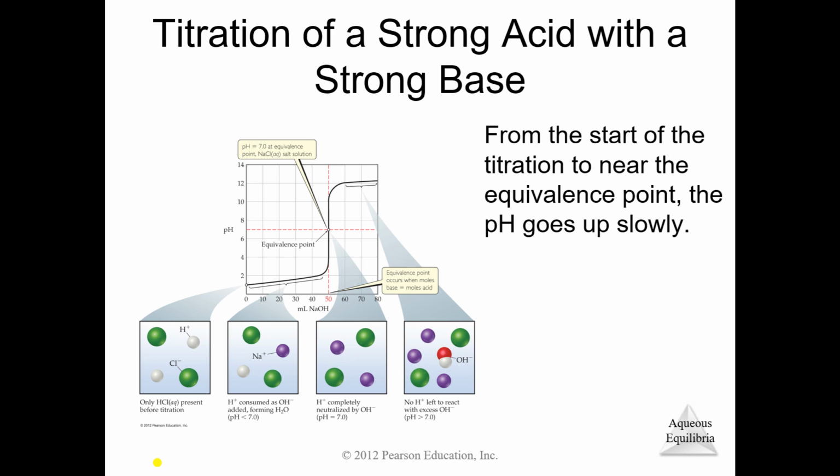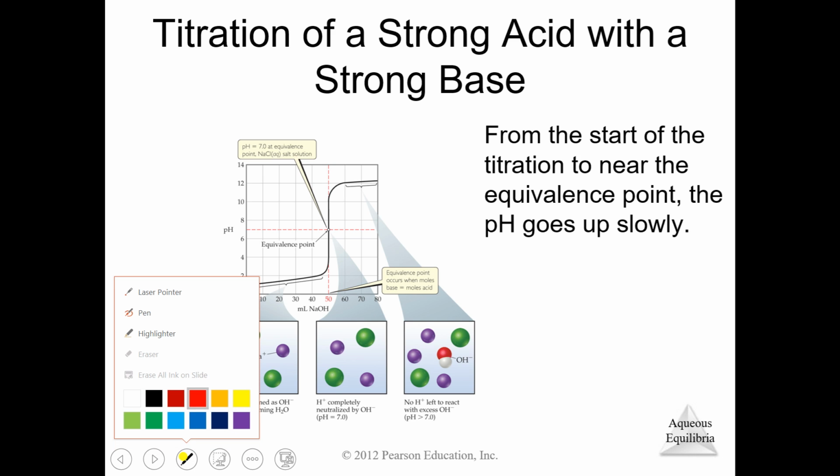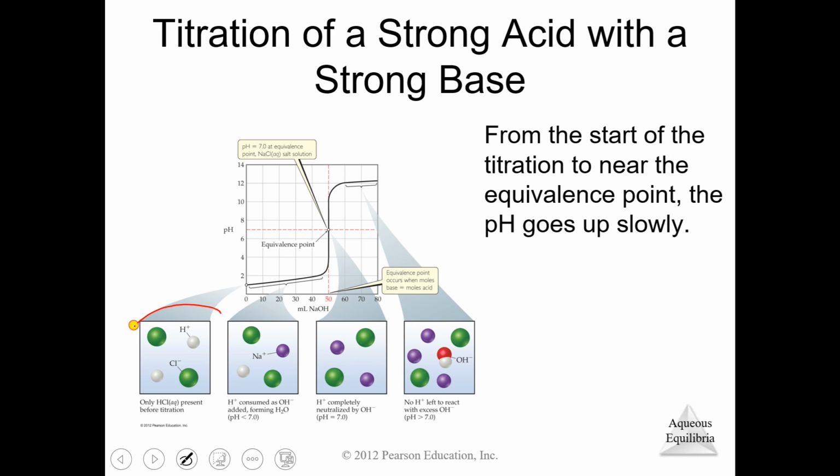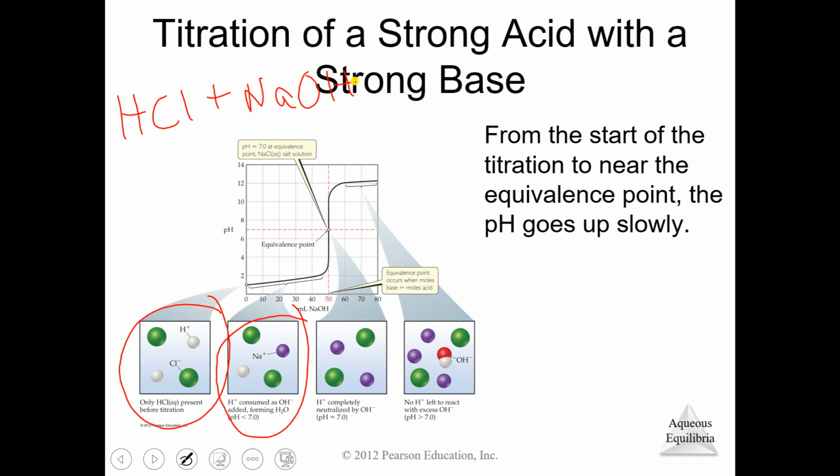When we reach this equivalence point, the ratio of moles are equal. So what do we mean by that? So if I look at this picture here, what I'm looking at is that there's only hydrochloric acid ions present, so hydrogen ions and chloride ions. And if I look here, what I can see is that there are sodium ions, because we're talking about HCl, strong acid, plus NaOH, strong base, and they're going to completely ionize.